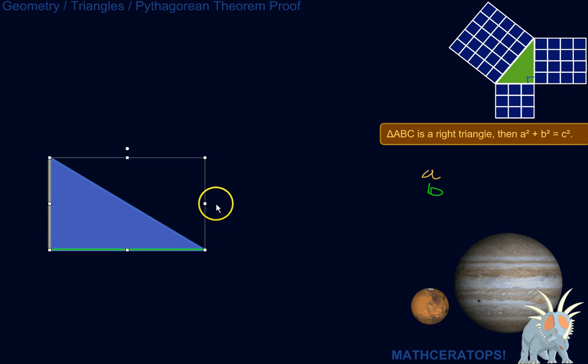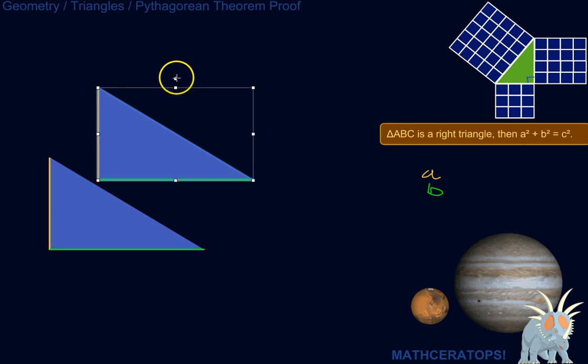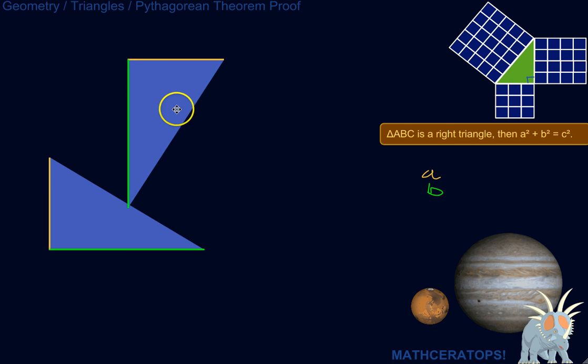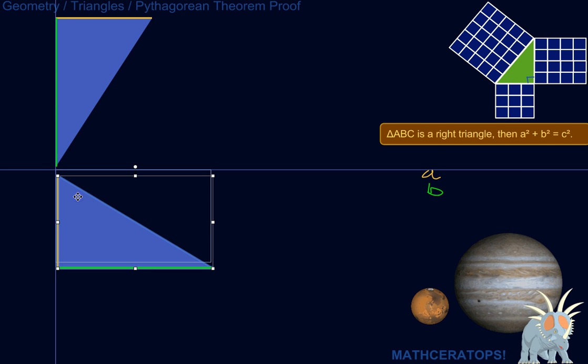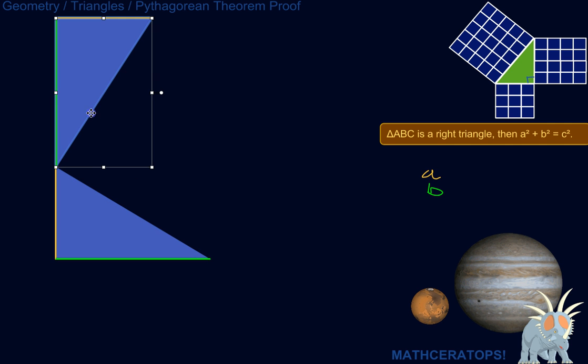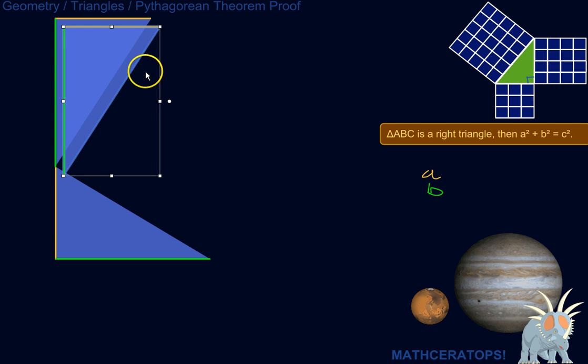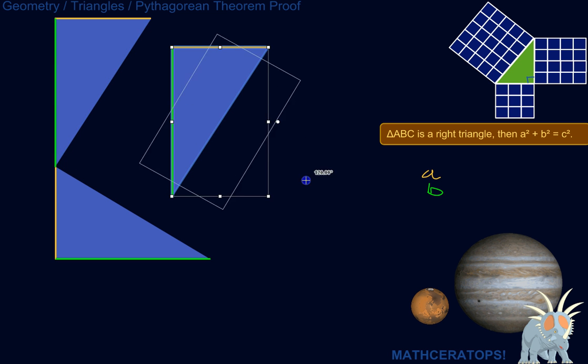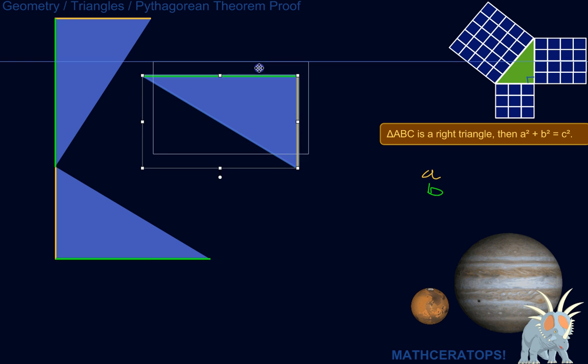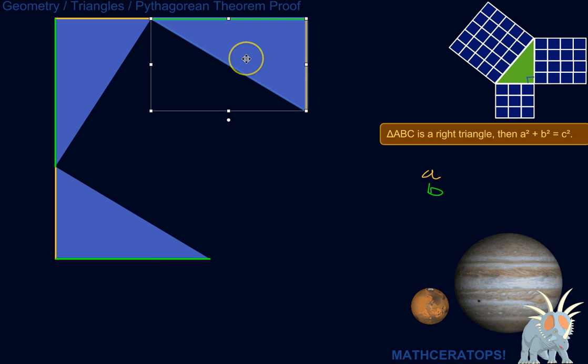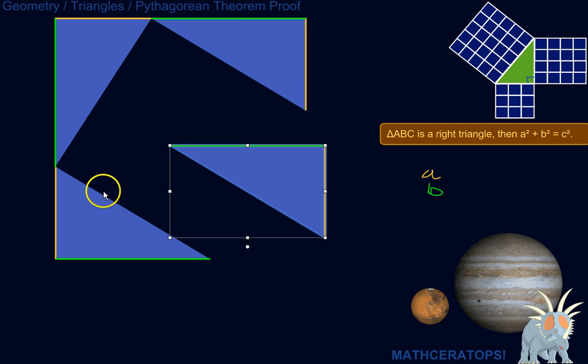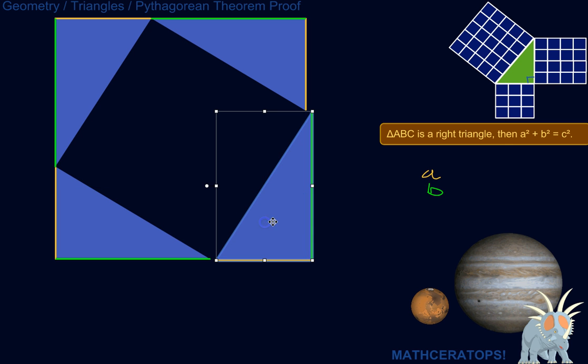We can copy this and rotate it and form a new shape here. I'm just keeping the exact same triangle and copying it and rotating it 4 times, like that.